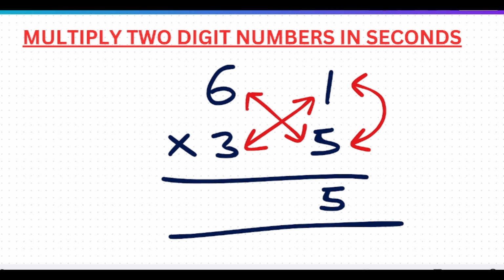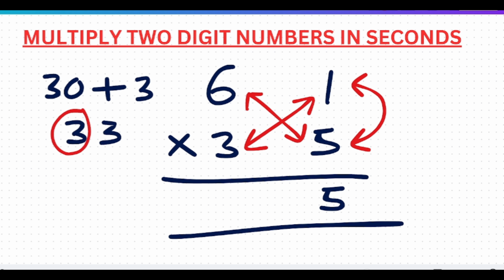So 6 times 5 is 30. That is added to 3 times 1, which is 3. So 30 plus 3 is 33. And now you leave the second digit here. You just write the first digit here. And now you multiply the numbers on the left.